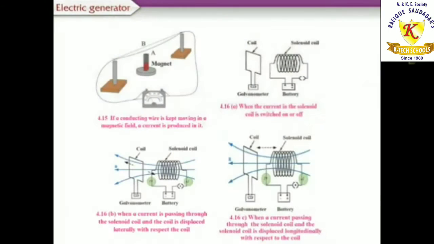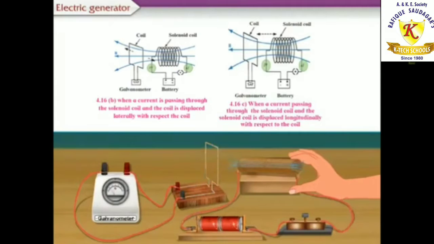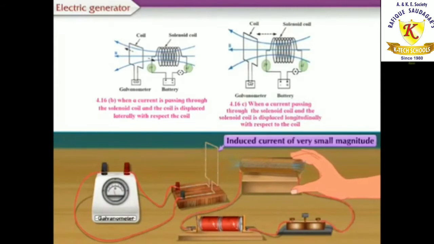Electric generators. Now we have performed experiments based on electromagnetic induction. In these experiments, the magnitude of the induced current was very small, but the principle which we learnt from these experiments can be harnessed for use of mankind to produce large current.